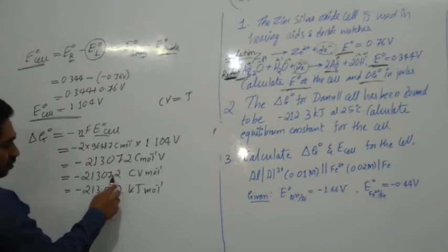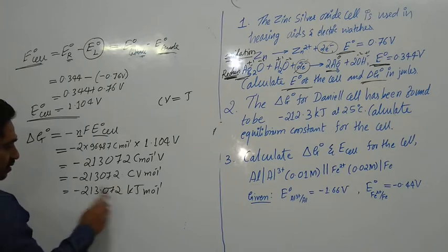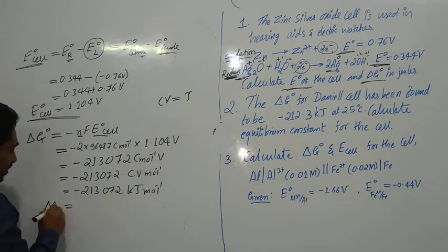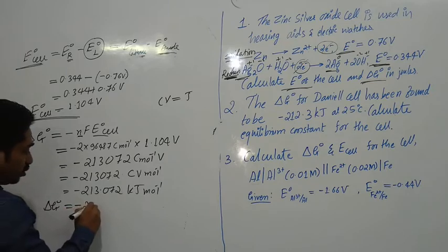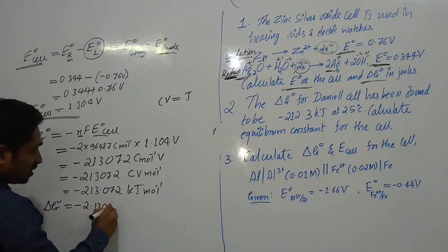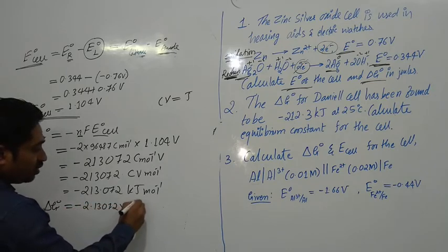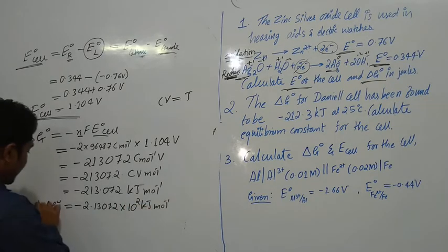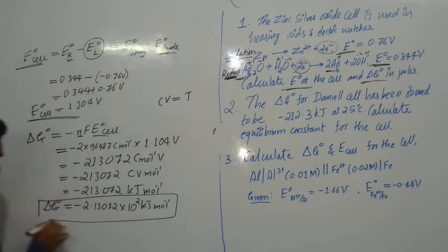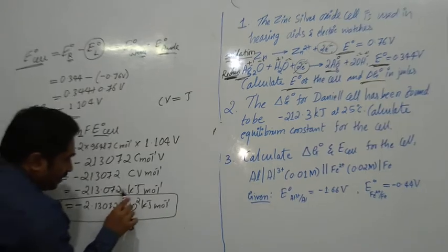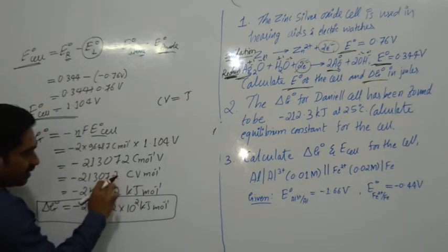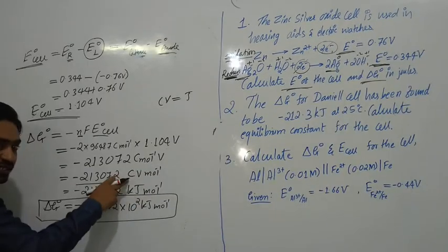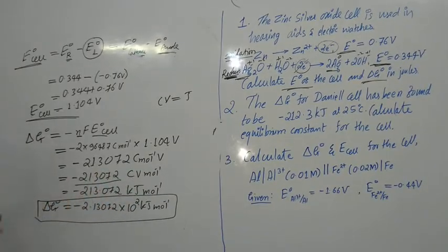10 to the power 0, plus 1, plus 2, plus 3. And for further simplification, I can write delta G naught is equal to minus 2.13072 into 10 to the power 2 kilojoules per mole. So this is my answer. Here 10 to the power 0 means multiplied with 1.